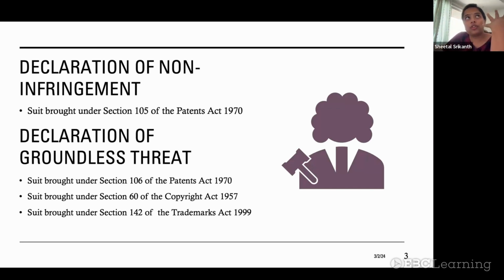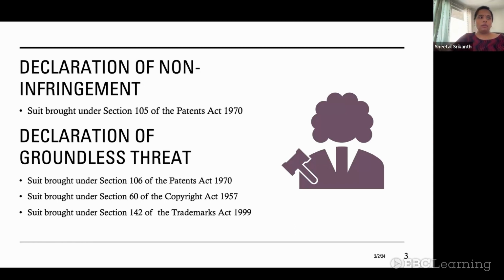Groundless threat as a provision was brought in to cover a situation where larger companies were always sending incessant threats and legal notices and publishing advertisements and basically putting it out there in the public that a mark was infringing their mark, but never brought any legal action against these smaller players. So this basically amounts to harassment, because you're continuously issuing notices, you're continuously alleging infringement, but you're not doing anything about it.